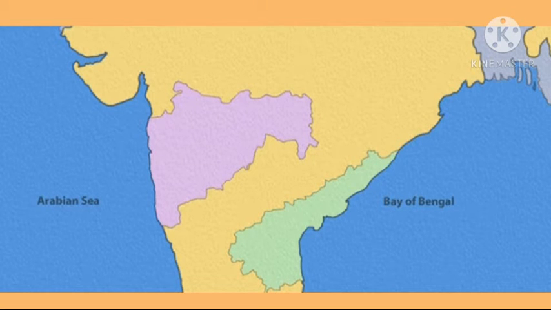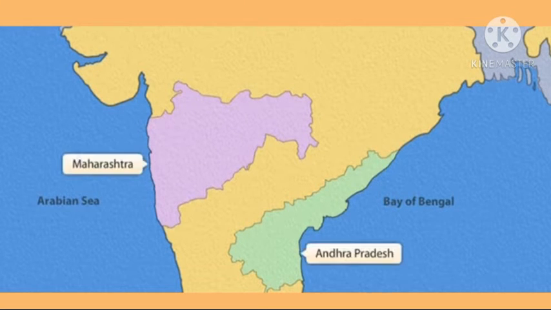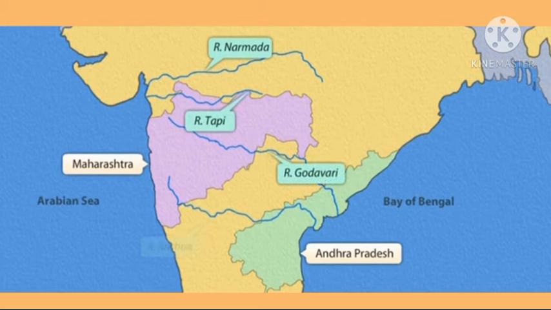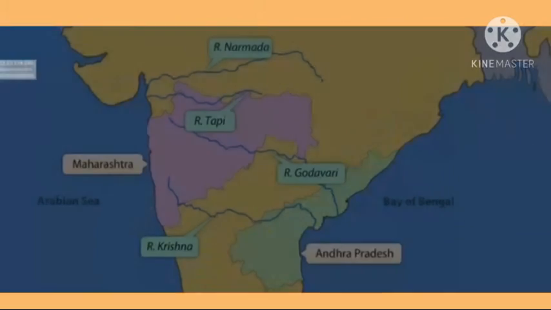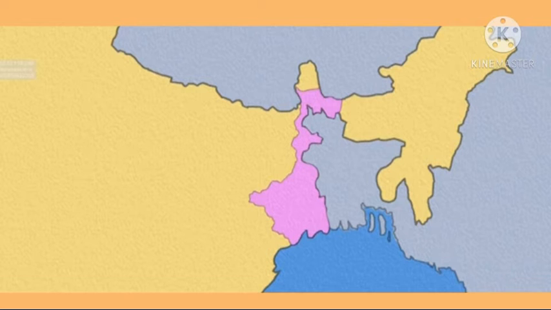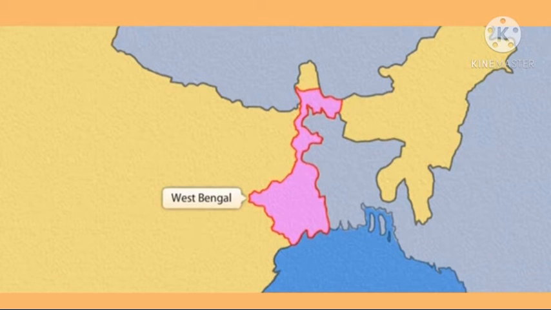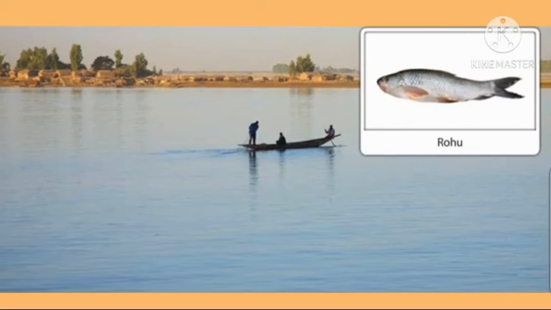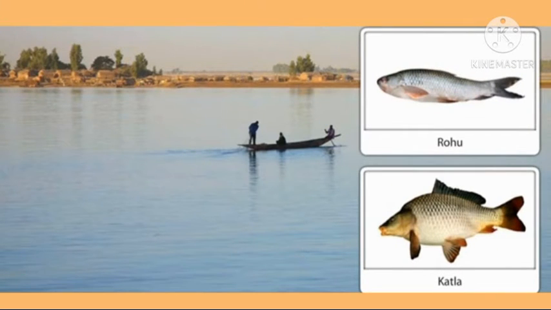Whereas in the western and southern states of Maharashtra and Andhra Pradesh, rivers like the Narmada, Tapi, Godavari, and Krishna account for the freshwater fishing turnover. Interestingly, West Bengal takes the lead in freshwater fishing in India. Rohu and Katla are found in the freshwater of these states.